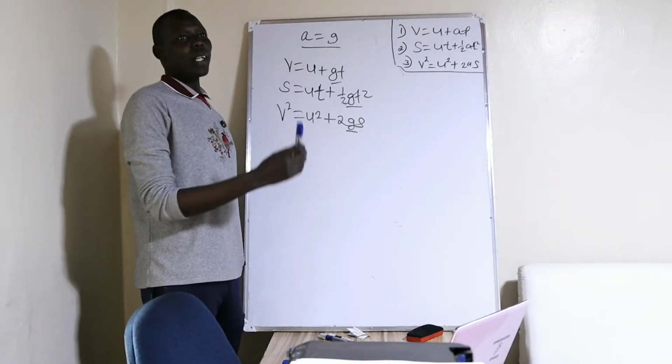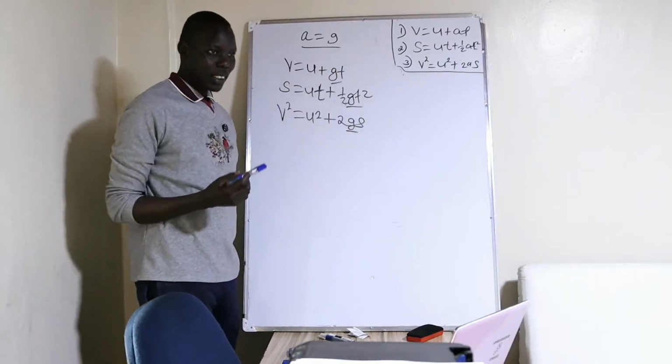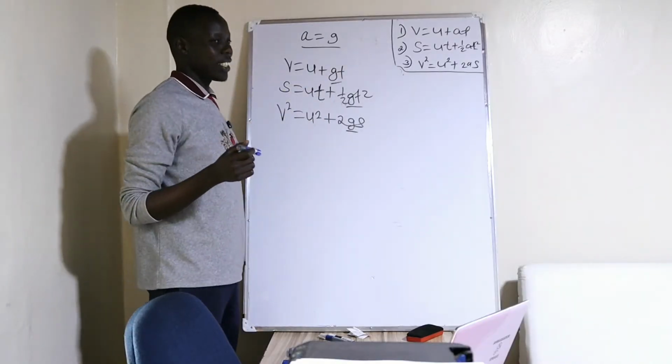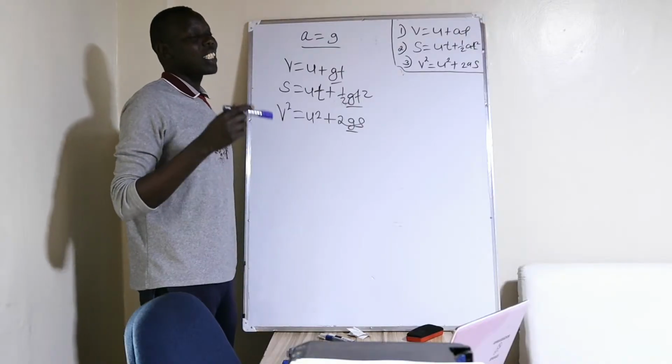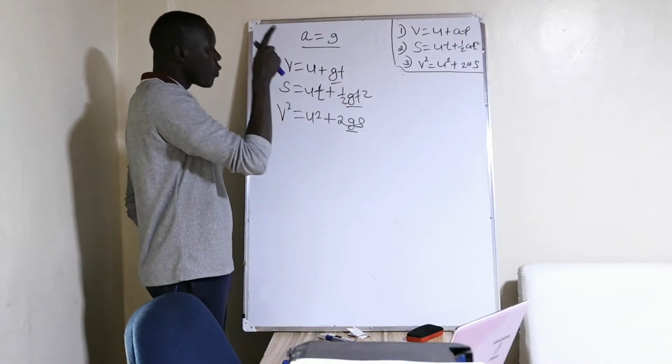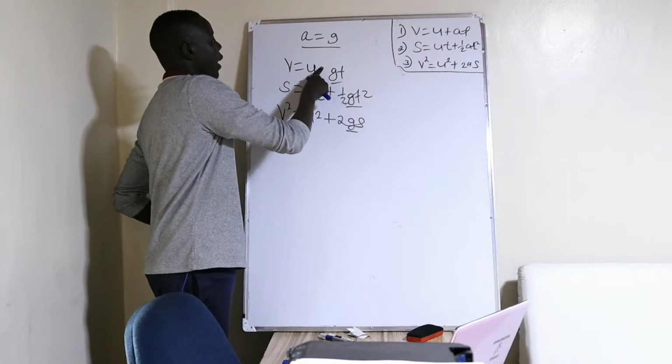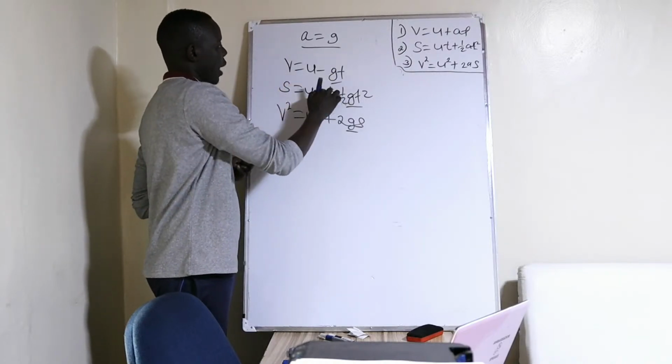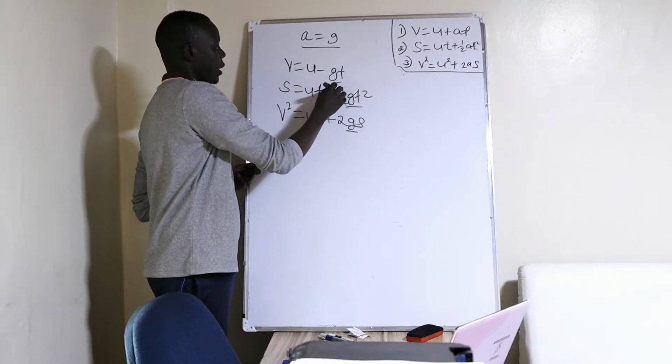Now, if an object is going upwards, then the gravity, which is the acceleration, in this case, is negative because it is decelerating. So if it is moving upwards, then hapa itaweka negative. Hapa, I will put a negative.